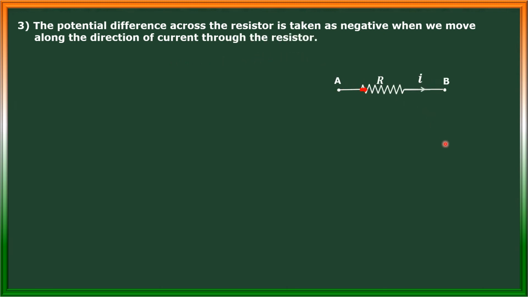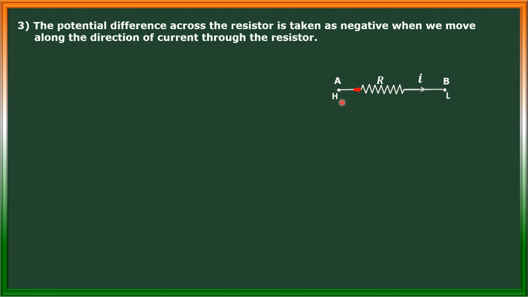See here, this is a resistor through which current is flowing from A to B. We know that current always flows from a point of higher potential to a point of lower potential. So the point A is at higher potential, the point B is at lower potential, hence current is flowing from A to B. Okay.